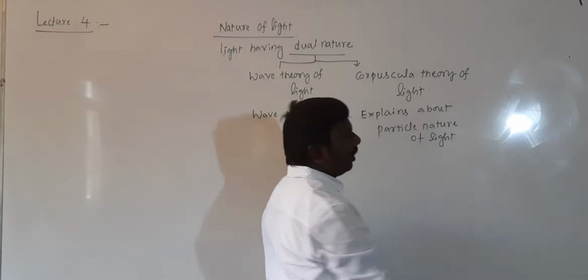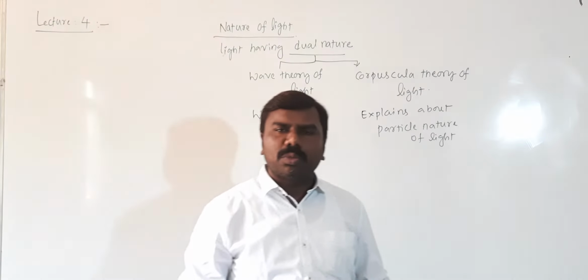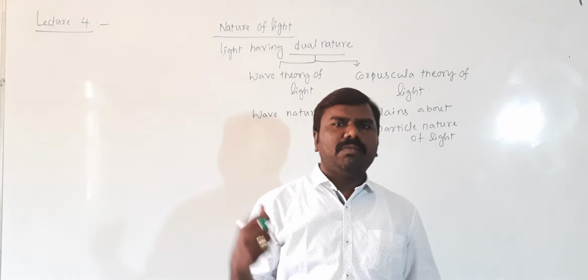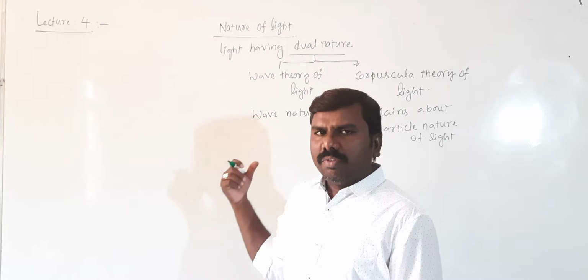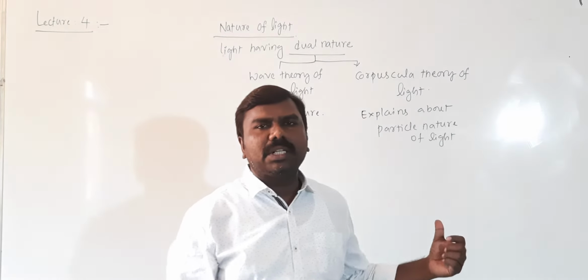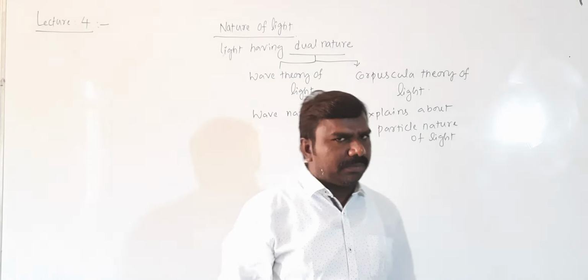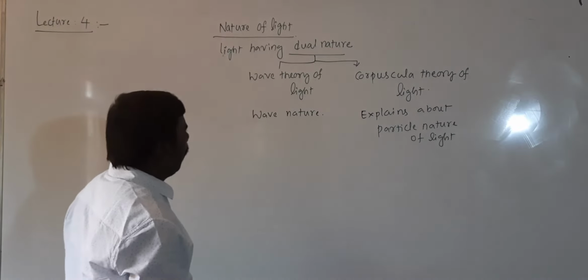It means light has a dual nature: one is wave nature, another one is particle nature. Wave nature is explained by the wave theory of light, and particle nature is explained by the corpuscular theory of light. So now we discuss wave nature.